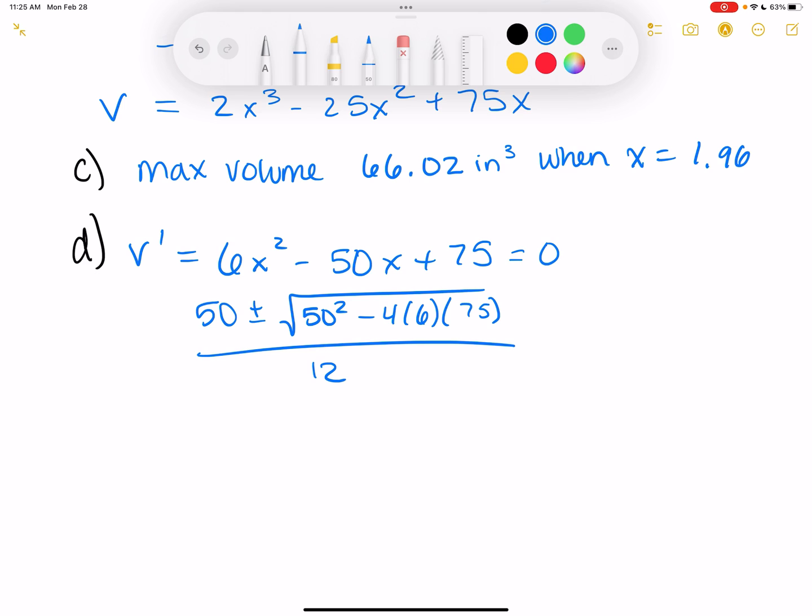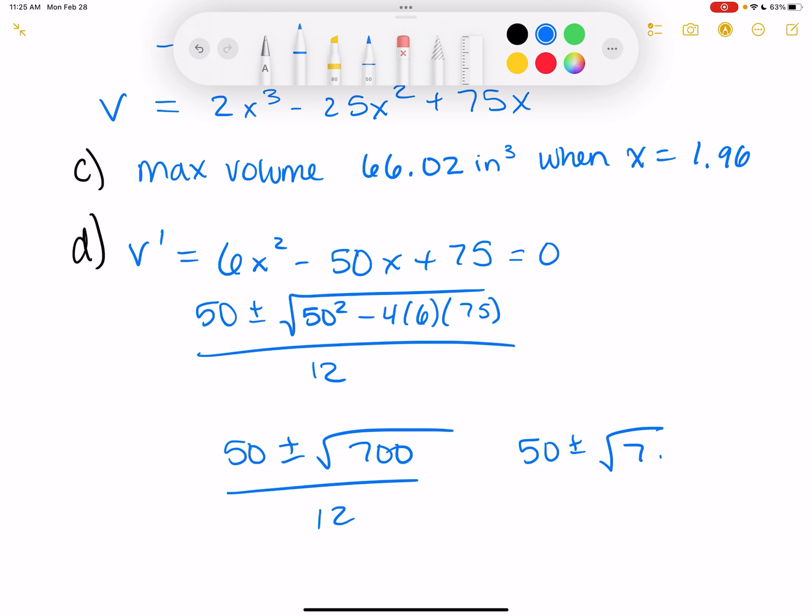What is happening right now? Did we get an answer to this? Well, there's no perfect square to 700, so I didn't know what to do. Is this 700? Yes. Okay. Wait, is this a shared folder? Yes. Okay. So 7 and 100, we could break this into 50 plus or minus the square root of 7 times the square root of 100.